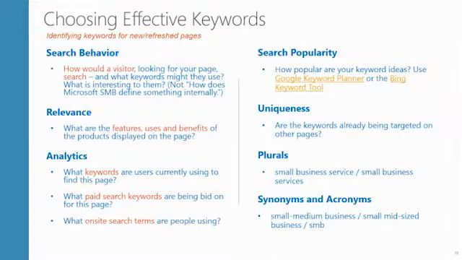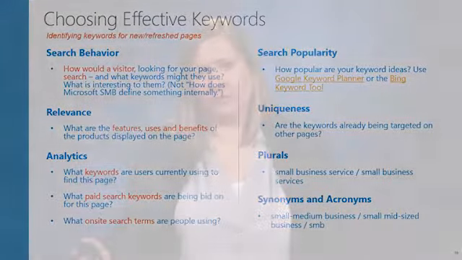Make sure that you've got a high amount of traffic for that potential keyword. You can also look at competitors to see exactly what keywords they're targeting and honing in on. And think about all the different ways somebody could possibly search. Many people use plurals, acronyms, or synonyms, so keep that in mind within your keyword strategy.